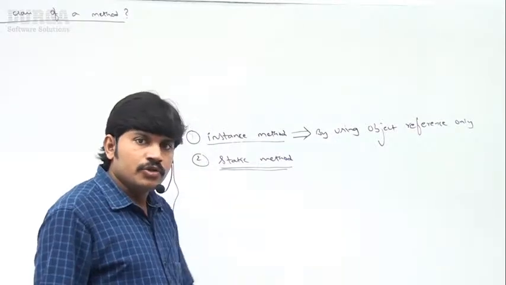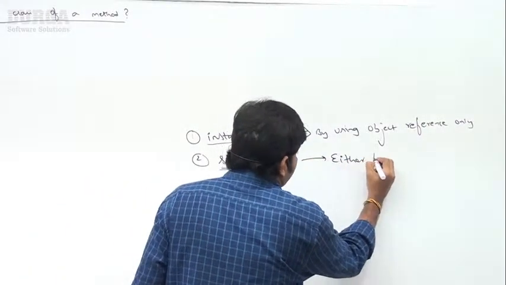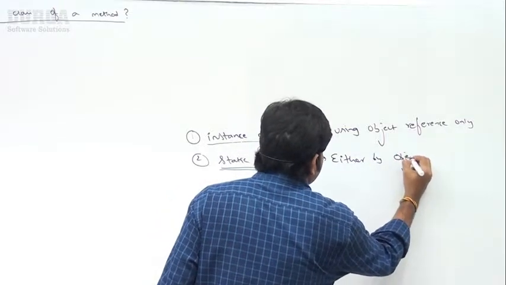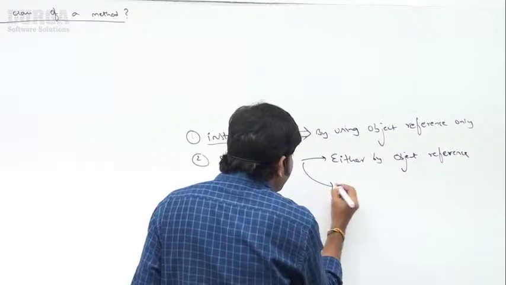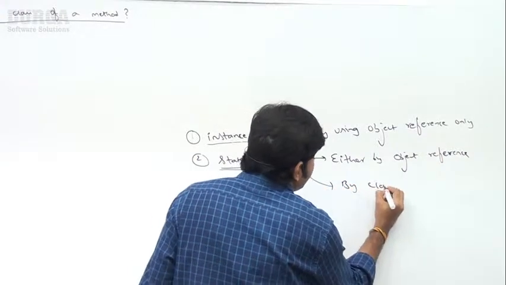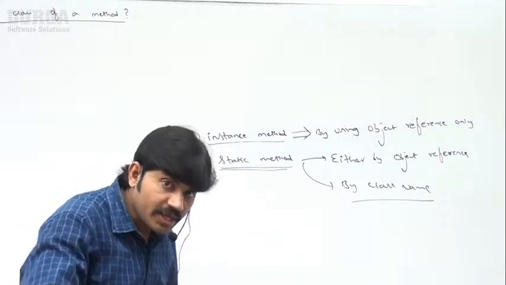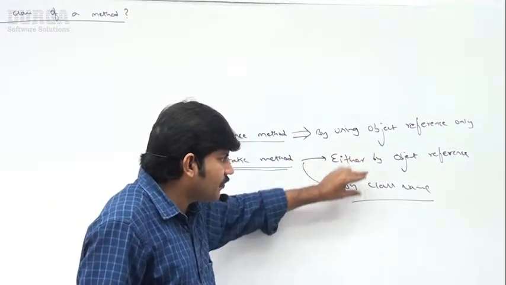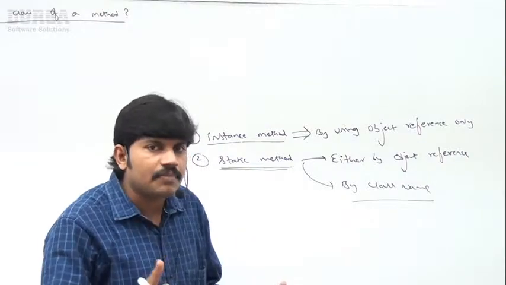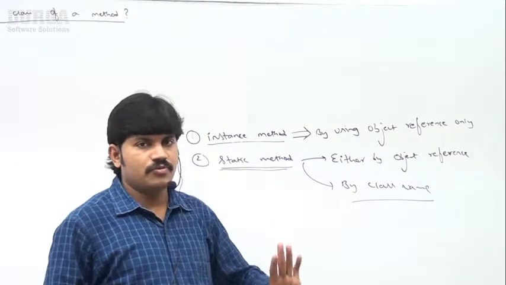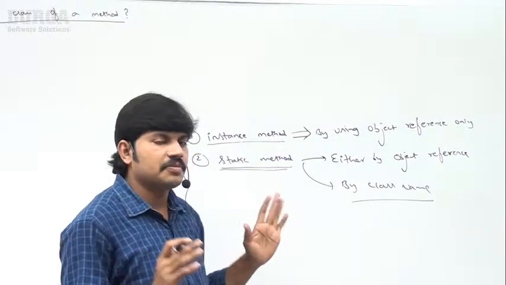What about a static method? You can call a static method either by object reference or by class name. But very commonly we use the class name only, because the object reference convention is better given for instance methods only.